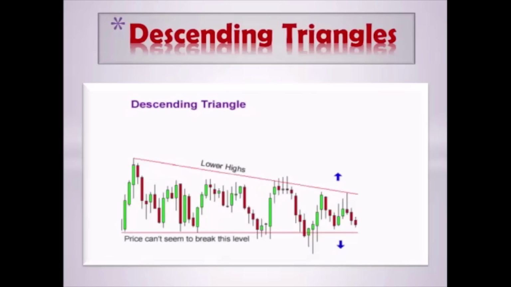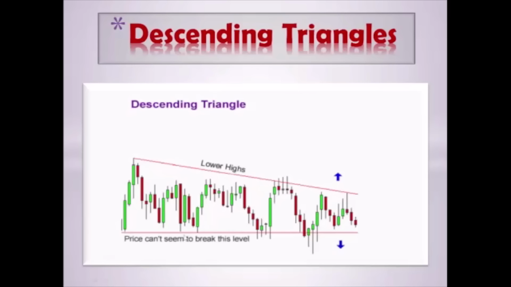In descending triangles there is a string of lower highs, which forms the upper line, and the lower line is a support level which the price cannot seem to break.